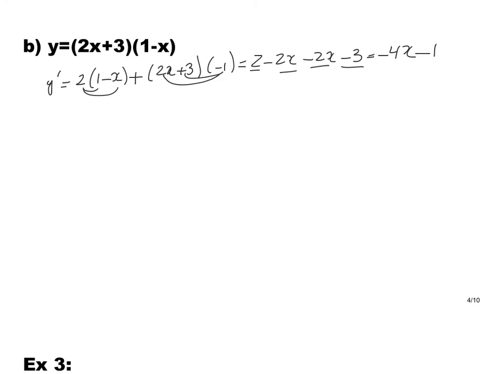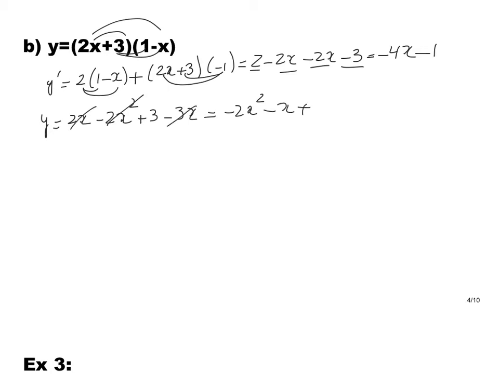Doing the same thing by expanding, just to test the result: 2x times 1 is 2x, 2x times negative x is negative 2x squared, 3 times 1 is 3, 3 times negative x is negative 3x, which gives negative 2x squared, negative 3x and 2x is negative x, plus 3.